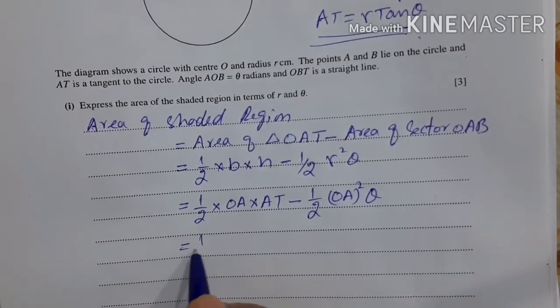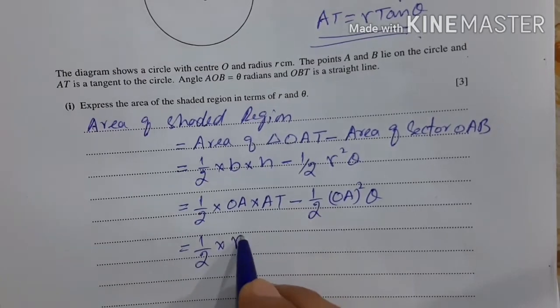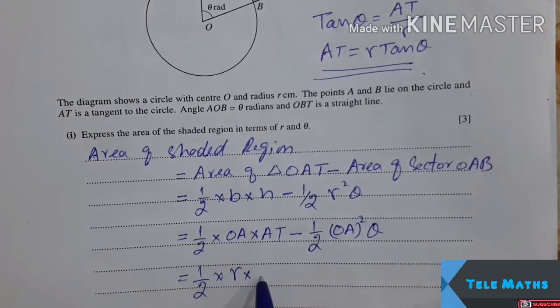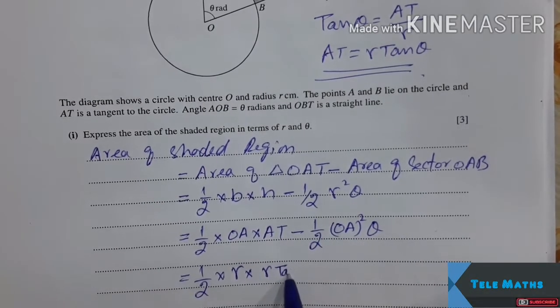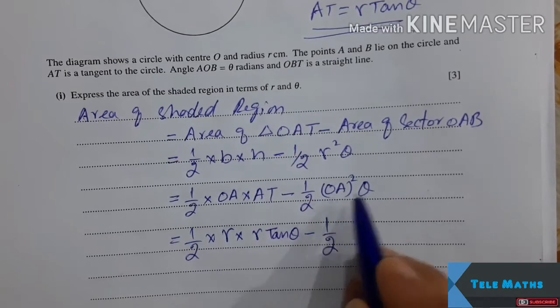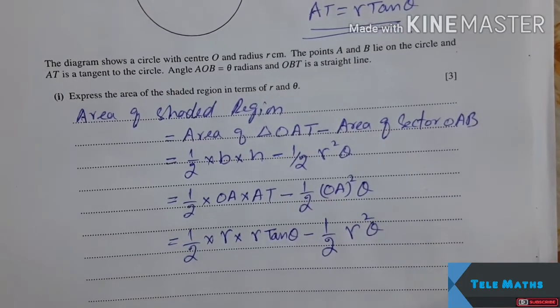Now put the values: 1 by 2, OA is the radius R, and AT is R tan theta, minus 1 by 2, OA is R, so R square, theta is theta.